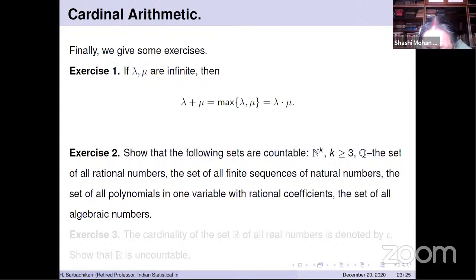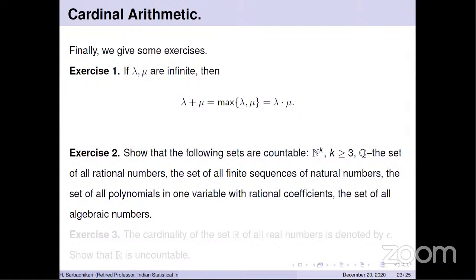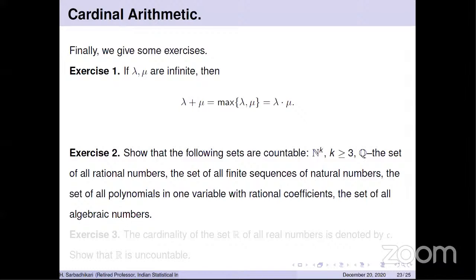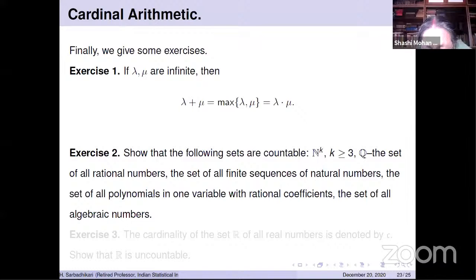Of what? Or is it the Cartesian product? No, you should take the union of all the Cartesian products, all finite Cartesian products. That's it.